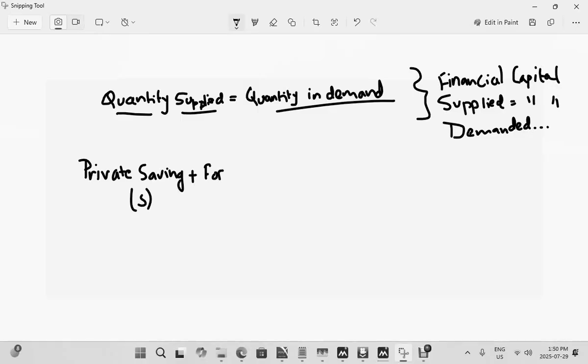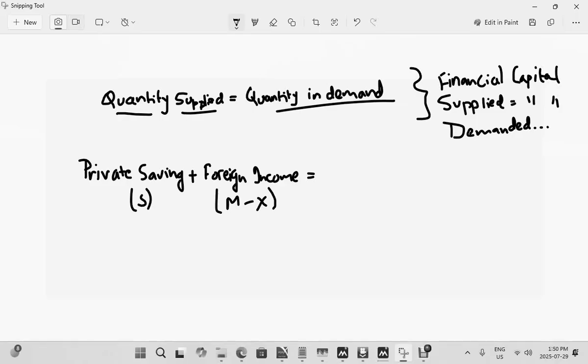This has to do with imports take away exports, so this will be M minus X. And this has to equal your financial capital demanded.